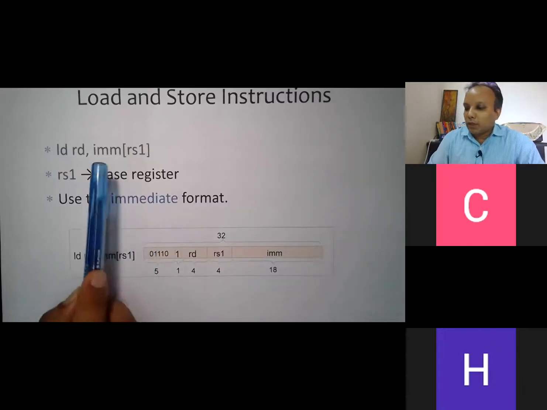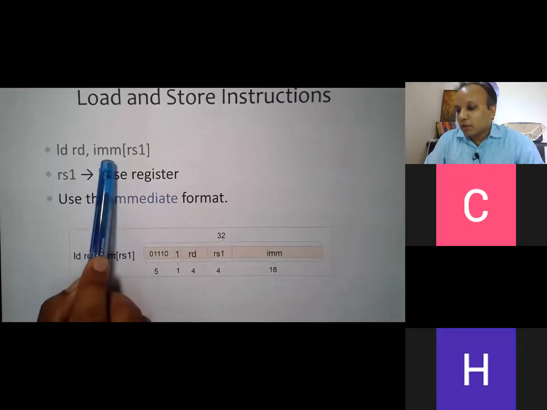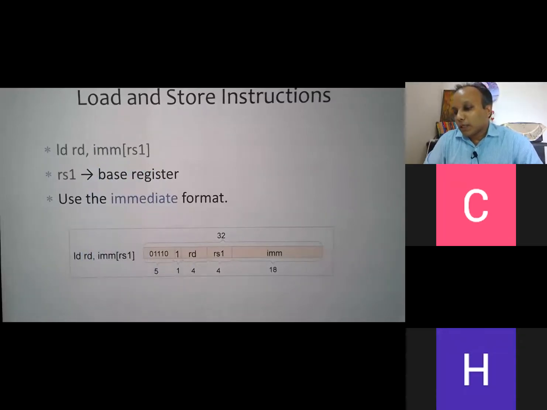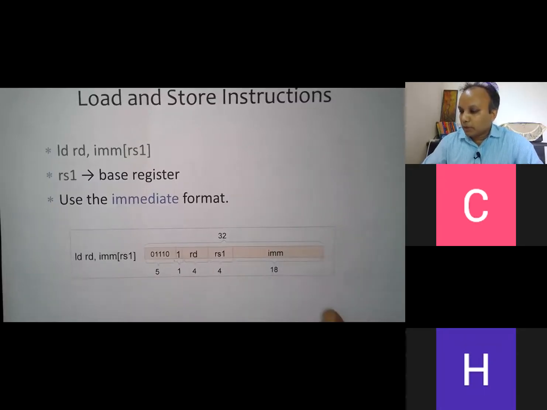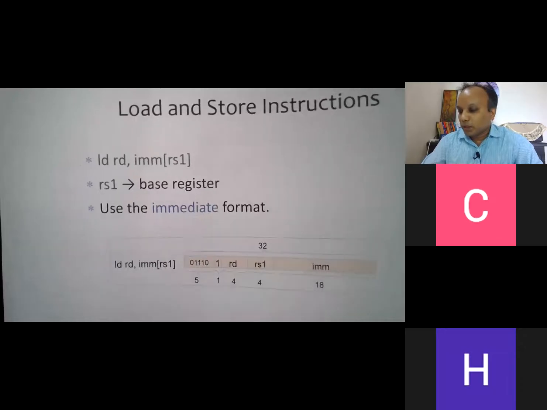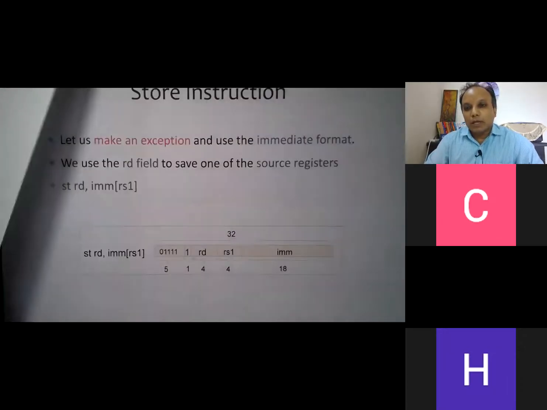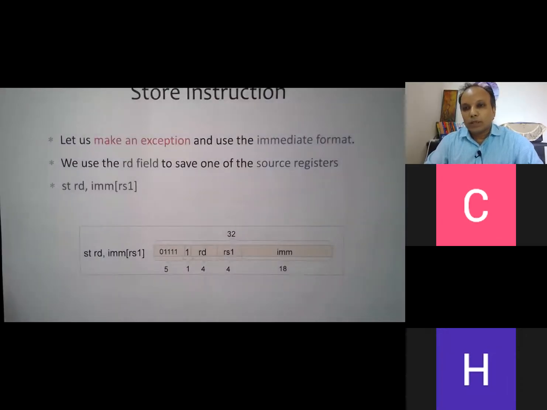There is an immediate value indicating the offset, and source register 1 stores the base value, and using them you can find out where to get the value from. Yes, Ashwin, very quickly, because I have to cover a few things, and even if I don't get time, I'll put the videos, so that will be in the syllabus.